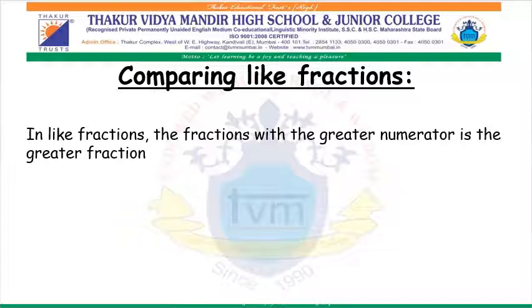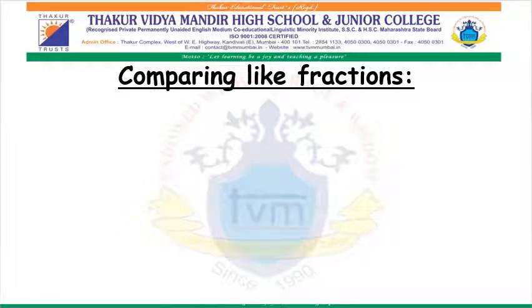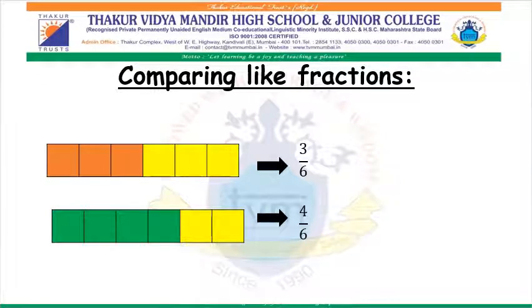For better understanding, I have taken a strip that I have divided into 6 equal portions. Here, I have shaded 3 portions, so the fraction I am getting is 3 upon 6. The next strip is again divided into 6 equal portions, but here I have shaded 4 portions.